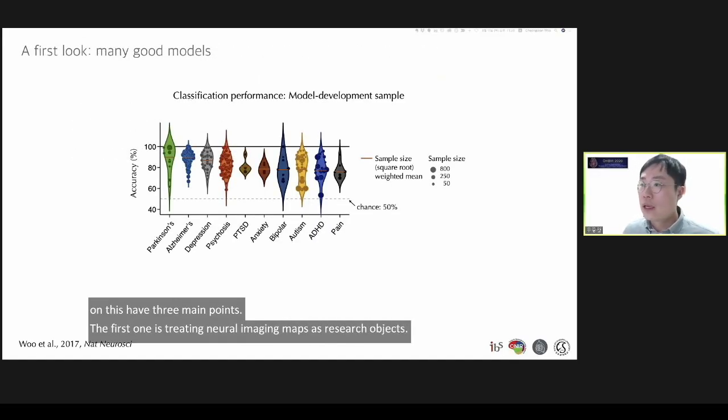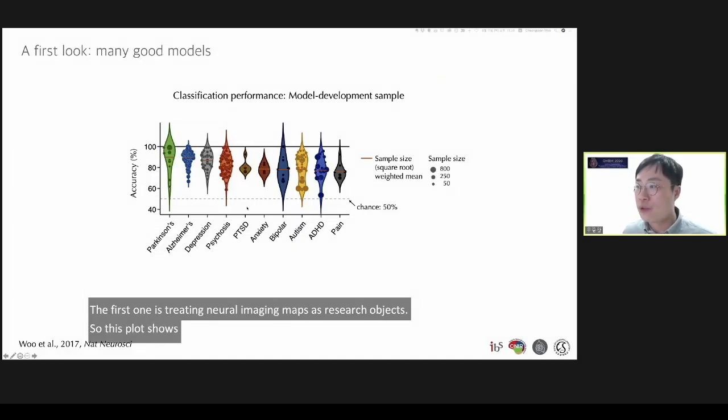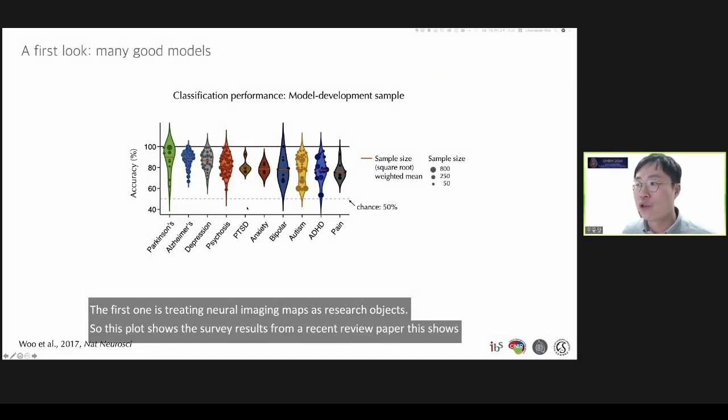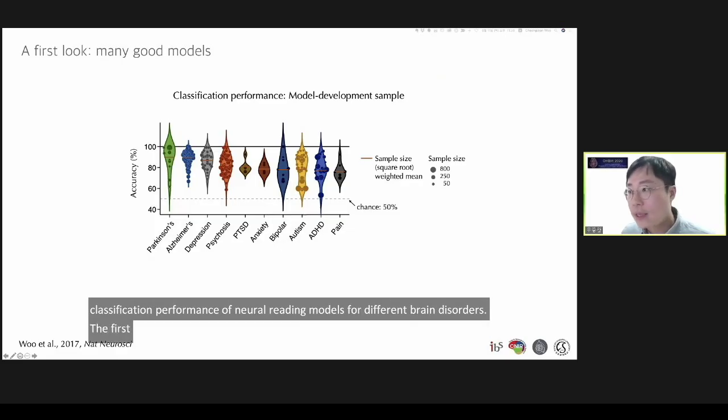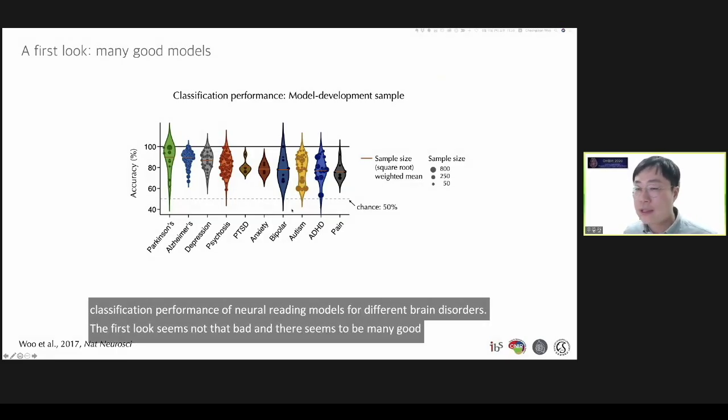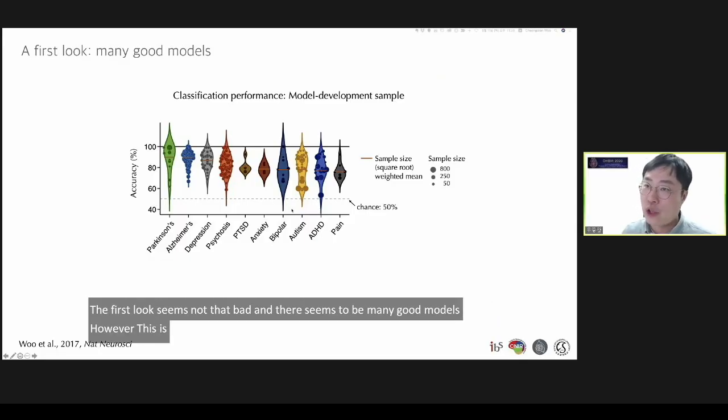So this plot shows the survey results from a recent review paper. This shows the classification performance of neuroimaging models for different brain disorders. At first look it seems not that bad, and there seem to be many good models. However, these are the results at the model development stage.